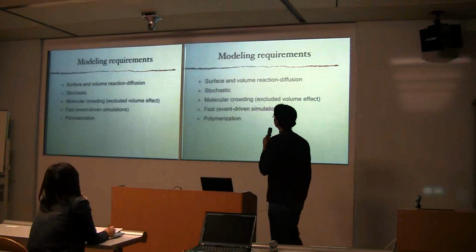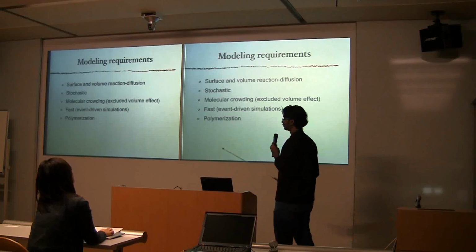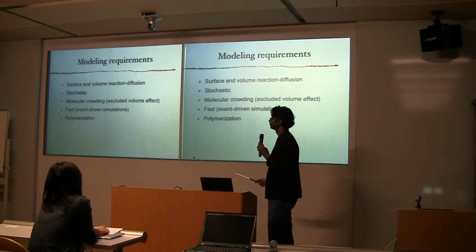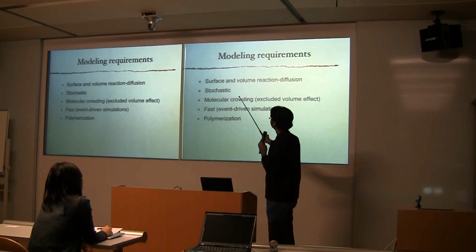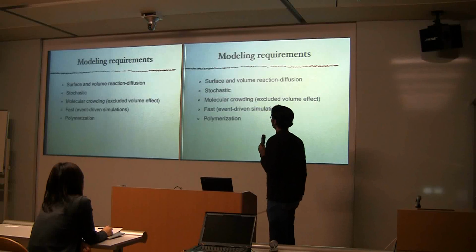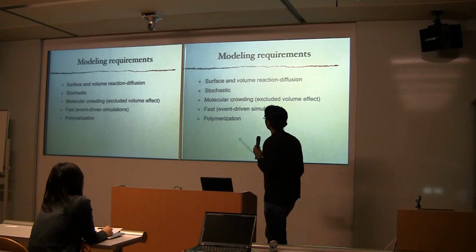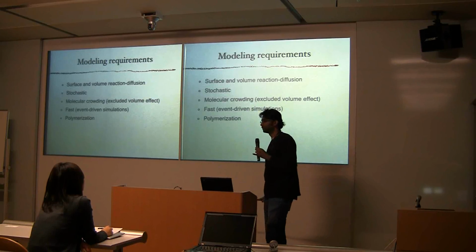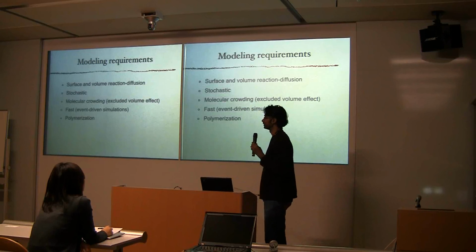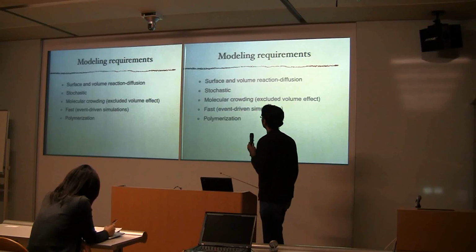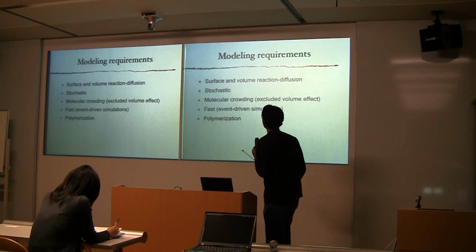So in our MinDE system, we know that the molecules are involved in both cytosol and also on the membrane. So it has to be able to model both surface and volume reaction diffusion processes. It also has to be stochastic because the number of molecules involved in the MinDE system are very small, only about 800 and 1,000 for MinD and MinE respectively.